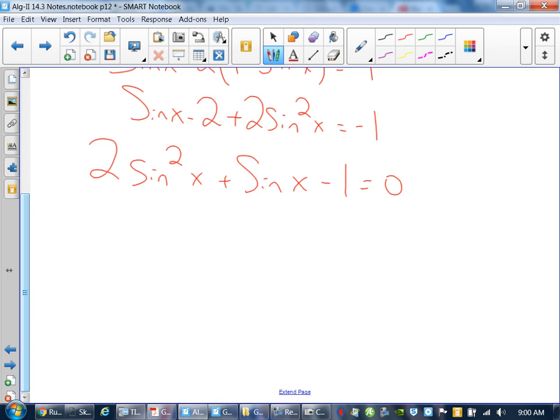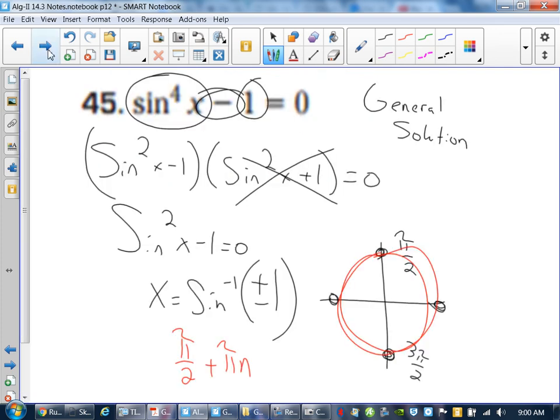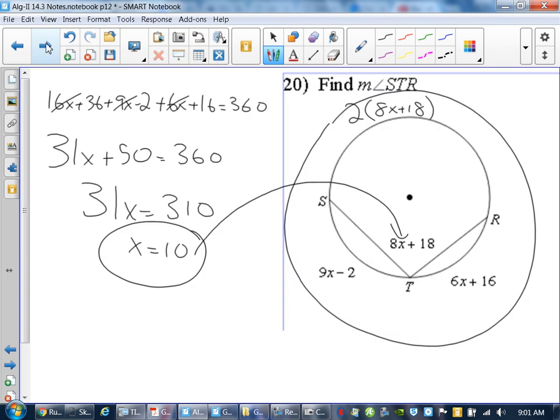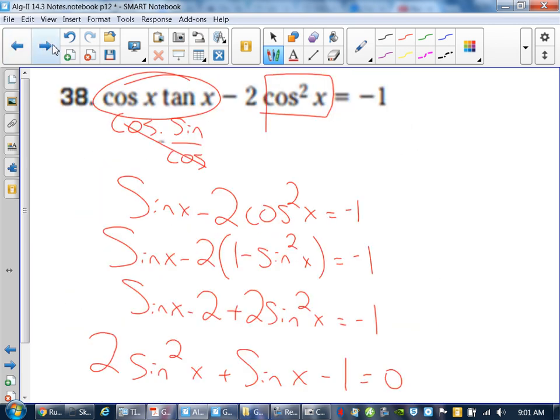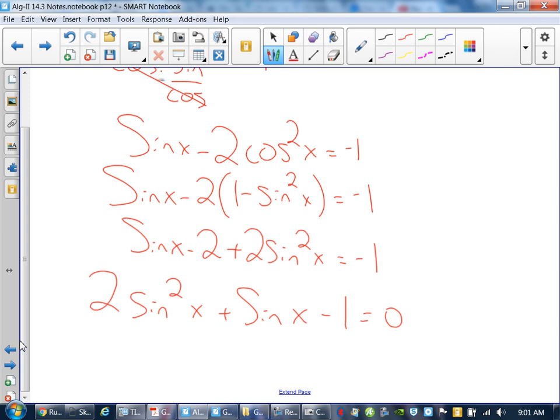We just did this one a minute ago, didn't we? Did we just do a 2 sine squared? I thought we just did this problem. Yes, we did. So are we okay if I stop here? Or was this a general solution?